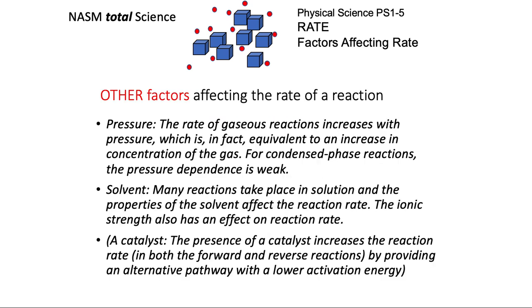We can look at pressure, which for gaseous reactions is really equivalent to increasing pressure or increasing the concentration of gas particles. The solvent, if it's in solution, some reactions will take place and the properties of the solvent may affect the rate of a reaction, thinking polarity here.